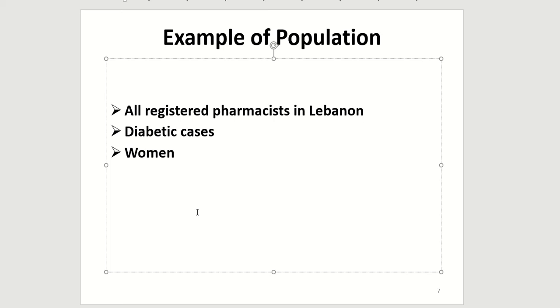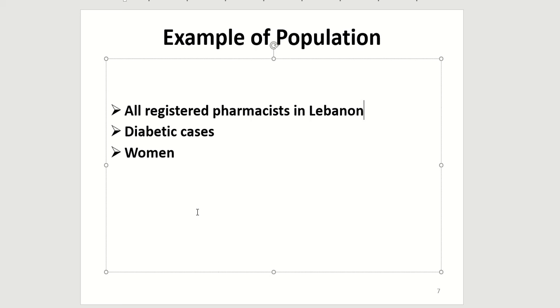You may have a small percentage that are not registered. Maybe they're no longer practicing, or they stopped practicing to study, or they traveled and are coming back. But here the example is that the target population and the attainable population are very similar.